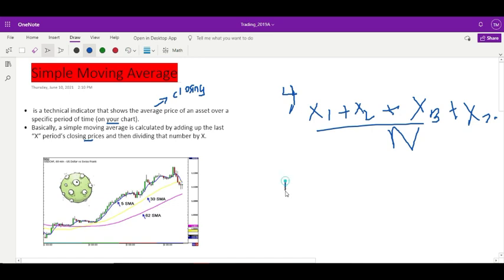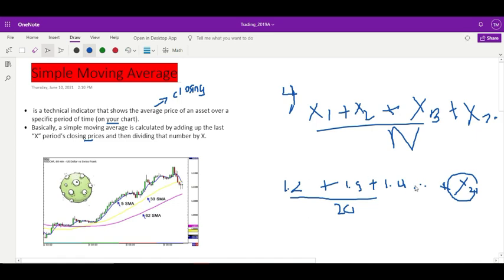Let's say these prices were 1.2 plus 1.5 plus 1.4, these are closing prices, maybe up to 20, divided by 20. You get your value here, then for the next point when you're plotting that line, you add another one, X21.